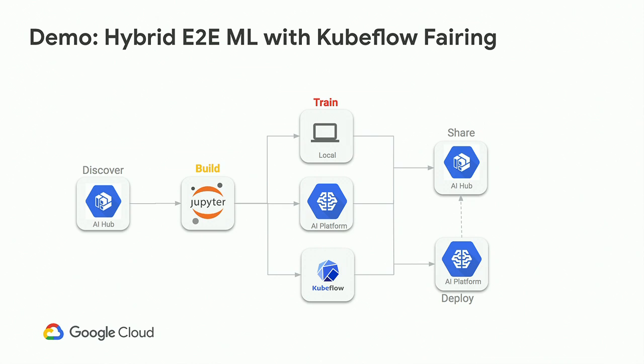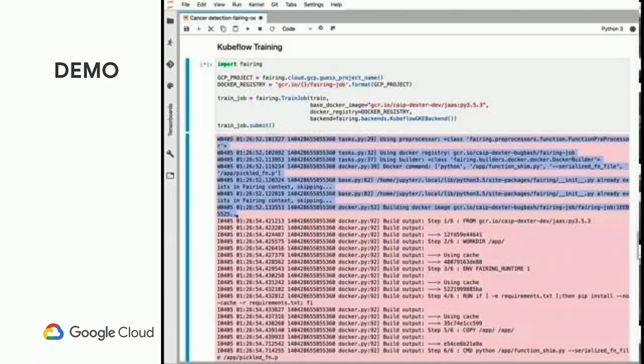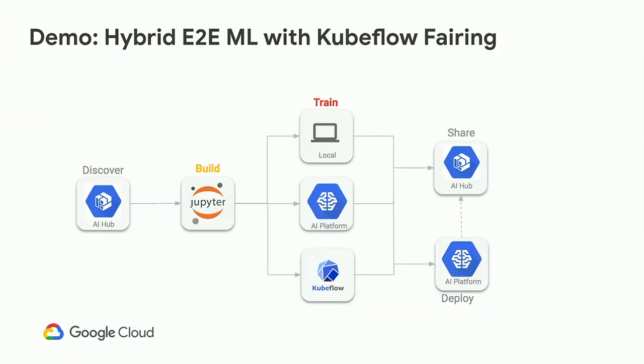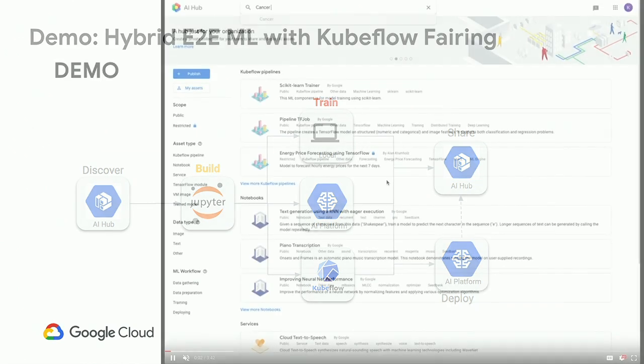And then I'm going to deploy it on the Jupyter Notebook service. This is also a new service that we are launching at this Next. It's a managed notebook offering, so you can run your Jupyter notebooks in the cloud. And then we are going to train it on 3 different environments, local, AI platform and Kubeflow, and then we will deploy it back to a prediction service in the cloud.